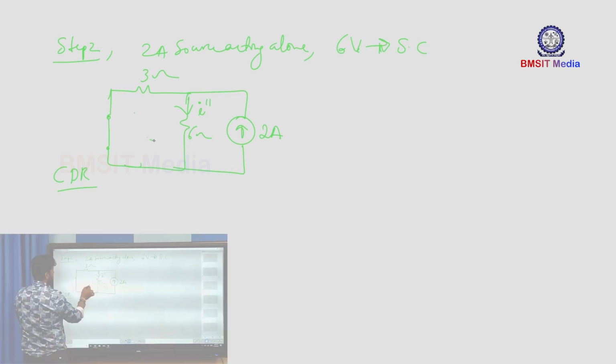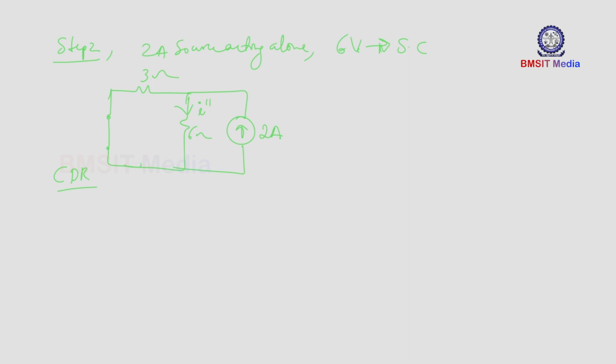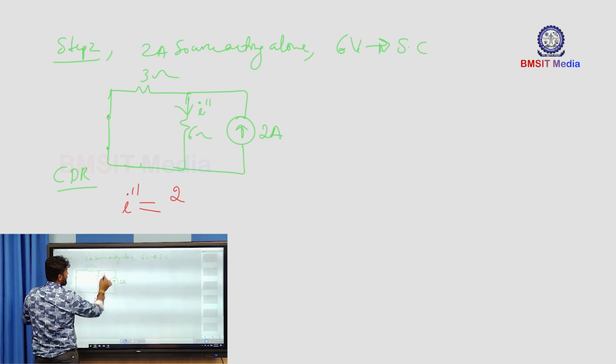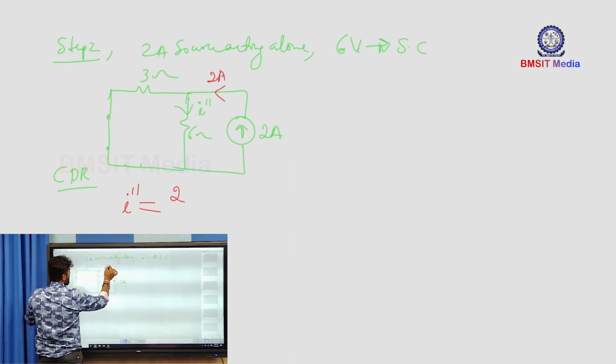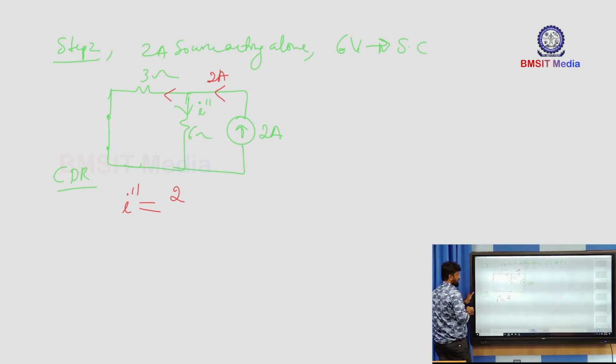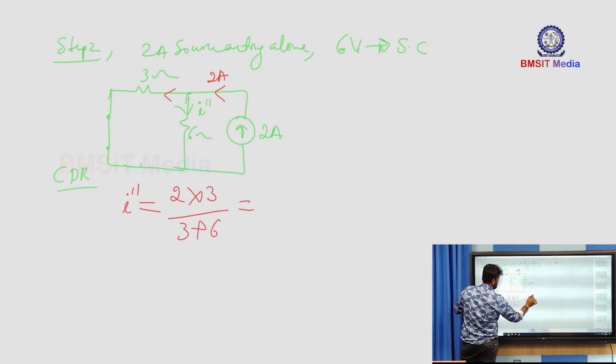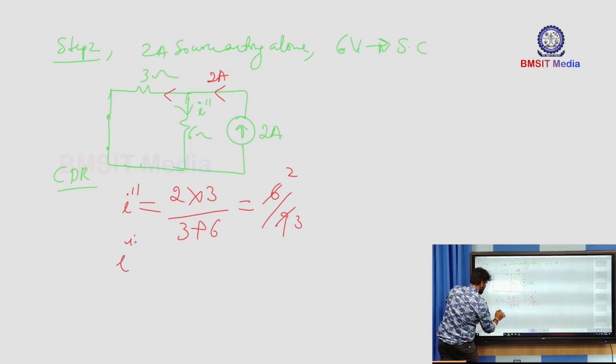So, using the CDR rule, I double dash is equal to the main current, which is 2 ampere, since we need the current in the 6 ohm, into the resistance of the opposite branch, 3, divided by the total resistance, 3 plus 6. So, it is 6 divided by 9, 3 2s are 3 3s are. So, I double dash is 2 by 3 amperes.